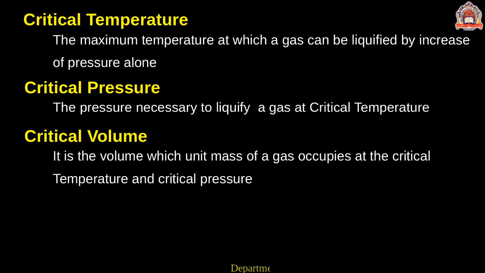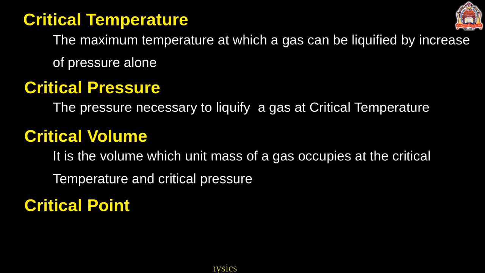So these three quantities: Tc stands for critical temperature, Pc stands for critical pressure, and Vc stands for critical volume, and they are called the critical constants of a gas. So at this point there is a critical point.